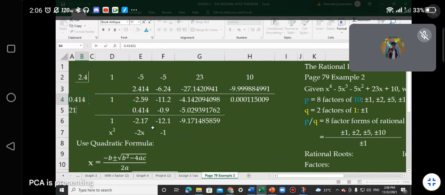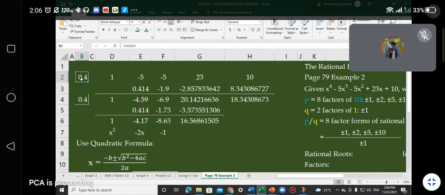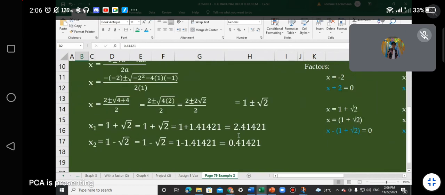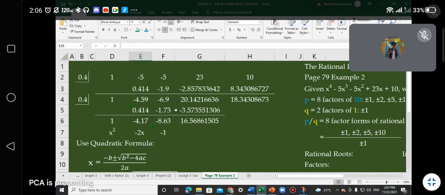Oh, no, it's not. I think it's one of the factors, but it's not one of the roots.